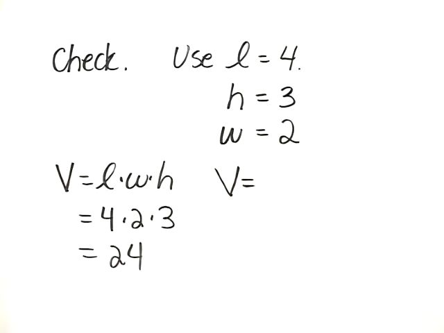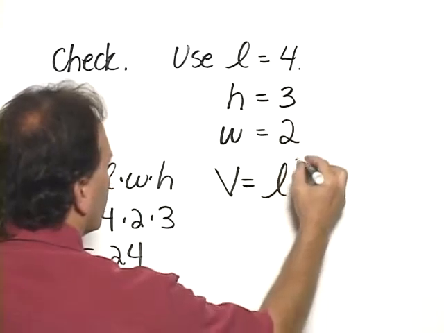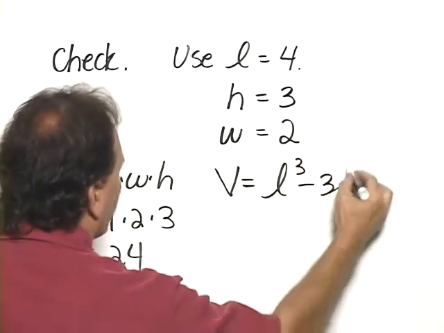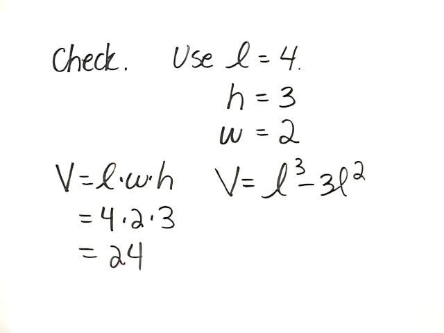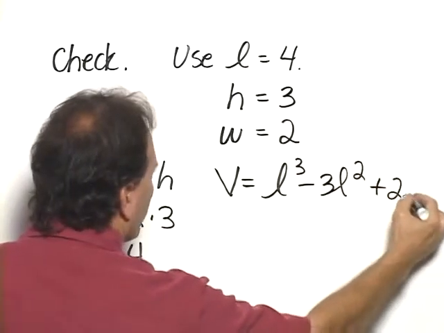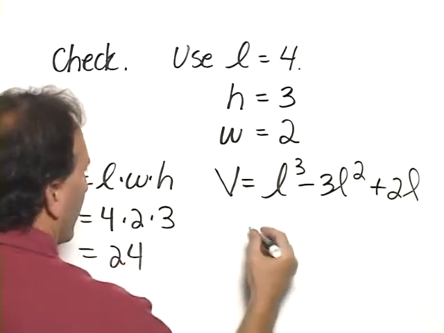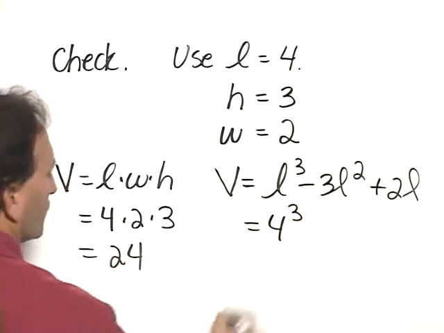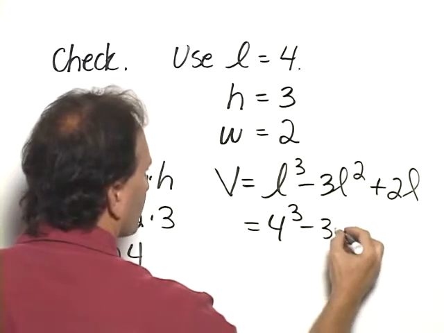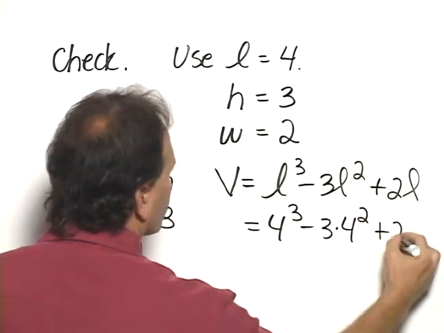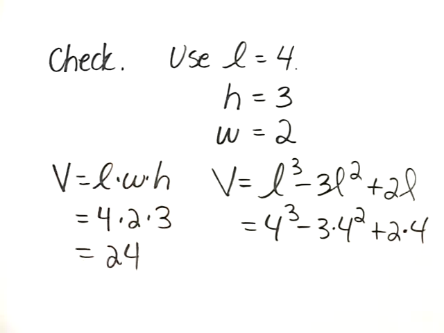The volume is equal to L cubed minus 3L squared, then plus 2L. So let's substitute 4 for the value of L. 4 cubed minus 3 times 4 squared plus 2 times 4.